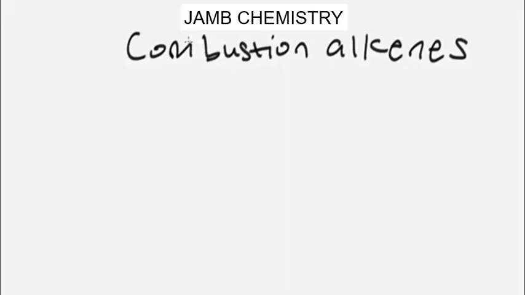Whereas if there is not enough oxygen in the air, the combustion of alkenes will be incomplete. Incomplete combustion will still produce carbon dioxide and water, but you can also get carbon and carbon monoxide. As we all know, carbon monoxide is a poisonous gas, so take note of this.